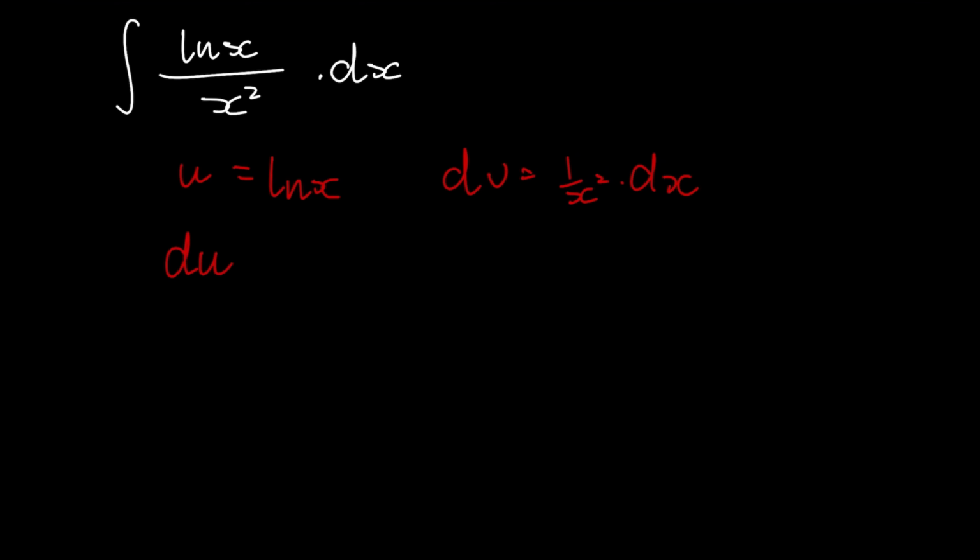So, if we differentiate ln of x, it's just 1 over x dx, and if we find the integral of 1 over x squared, we'll just write this in another form to make it easier for us.